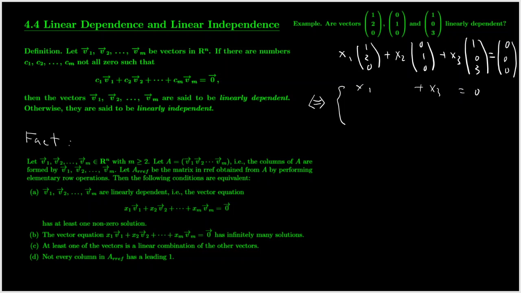And then the second component on the left hand side determines the second equation, which is 2x1, I hope you can see what's going on, and then plus x2, and then 0 times x3, I do not write that, is equal to 0. And also you compare the third components. You have 3x3 equals 0, right?